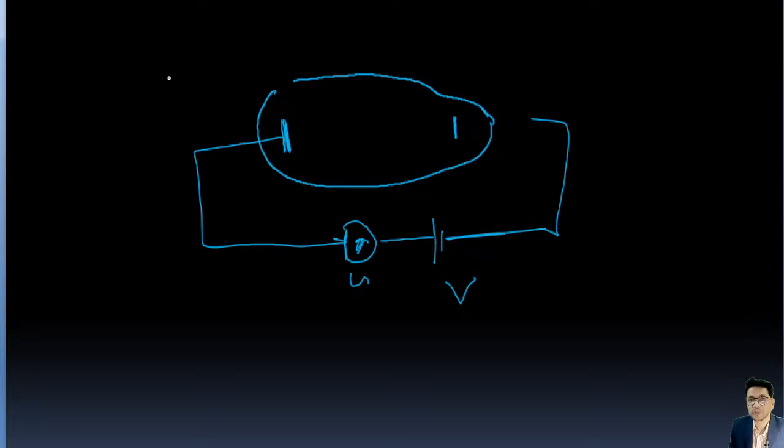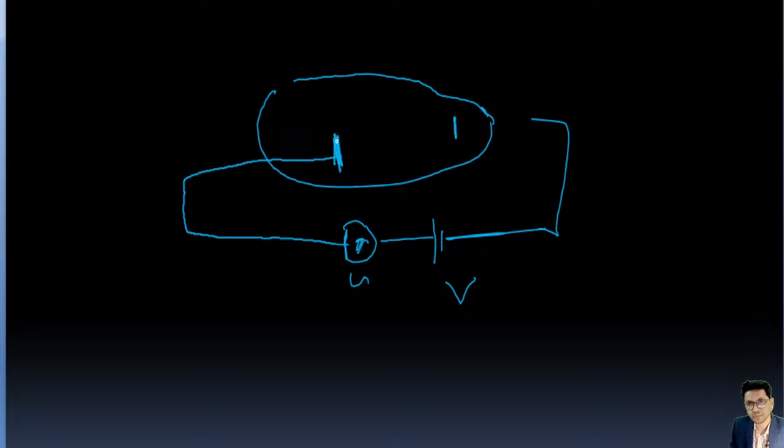This is the evacuated glass tube, and this is the metal surface. This is the light which is incident on it.